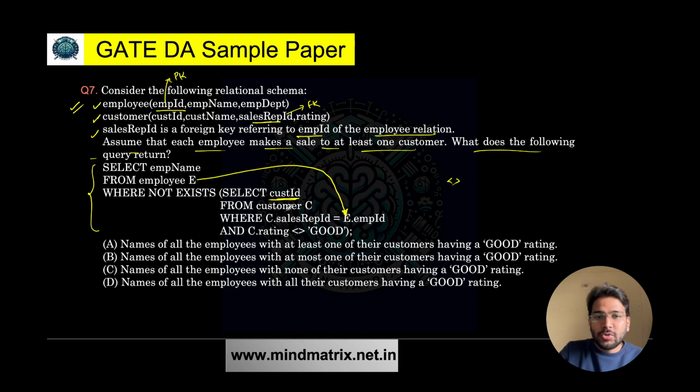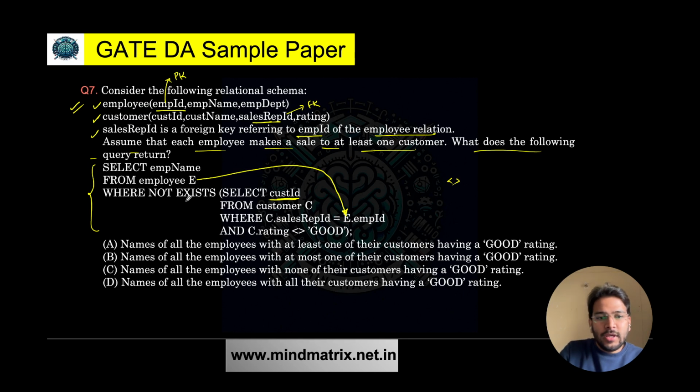So all their customers who have not given the rating good to that employee. Clear? For every employee, you have to find all the customers who have not given a rating good to that employee. Okay, so you can find out easily.